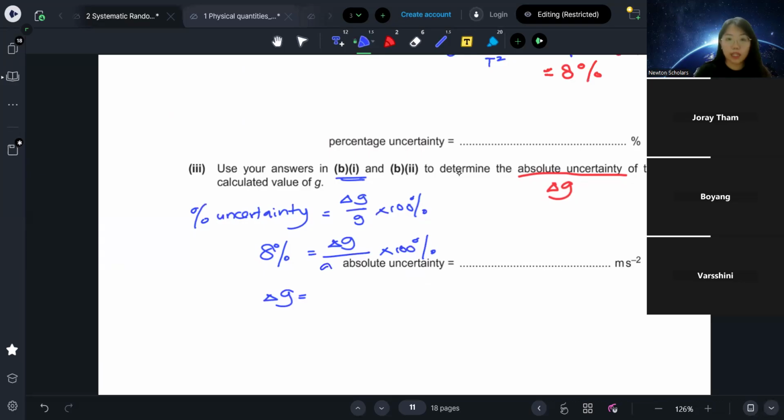So 9.63. Here 0.8. Thank you. 0.8. Yes, correct. If you write 0.77, you might get your mark deducted. I want one significant figure. The answer scheme always gives the uncertainty plus minus one significant figure. So here 0.8.